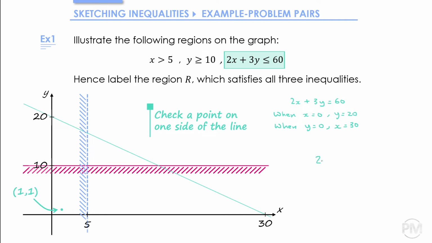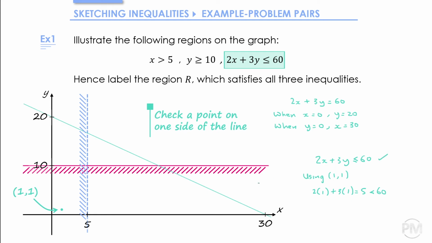So I've got the inequality 2x plus 3y is less than or equal to 60. Using the point 1, 1, we get 2 lots of 1 plus 3 lots of 1, which equals 5, which is less than 60. So this point does fit the inequality.